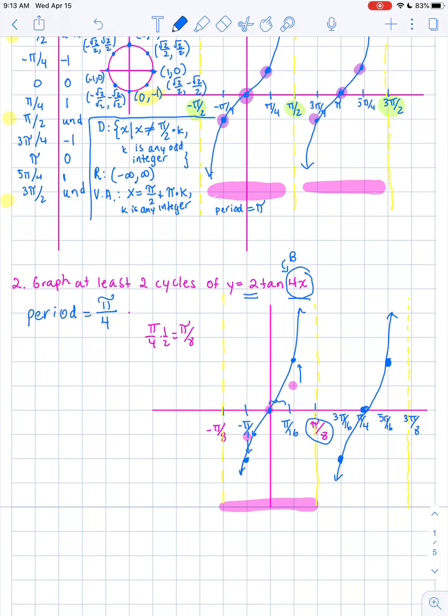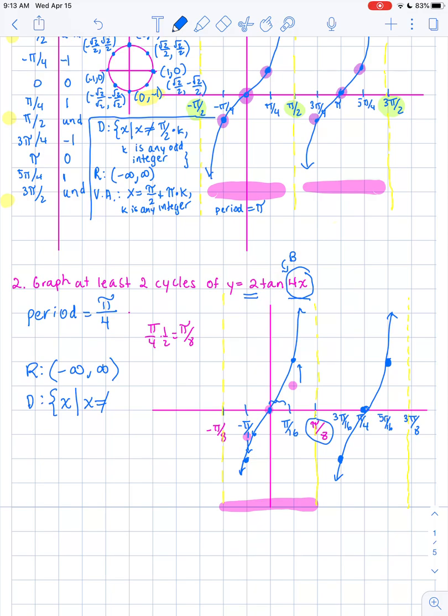Now, if they were to ask us for what the domain and the range is, let's start with the easy one. The range is, well, my graph points up and down forever, so negative infinity to infinity. My domain is, well, we want to say all real numbers except, so that's x and then a bar. So we want to somehow define where it can't be equal. So we're saying x is, it could be anything except, and we see that it's pi over 8.